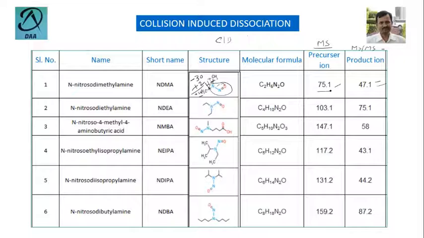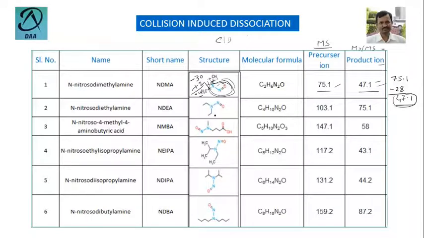So if you see the difference, 75.1 minus 28 gives 47.1. So it is an exact match. That means this part matches the product ion. So this part is the product ion of the precursor ion of the whole compound.